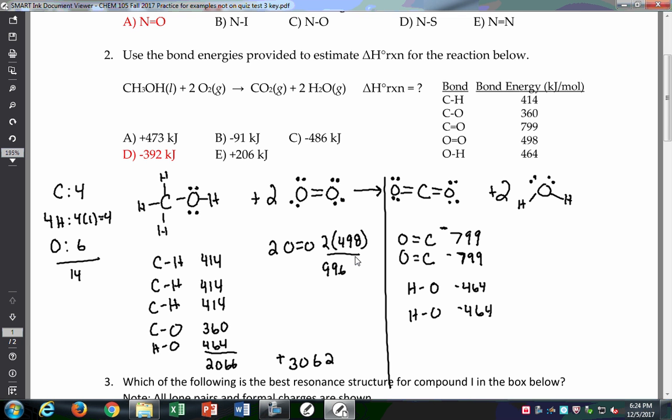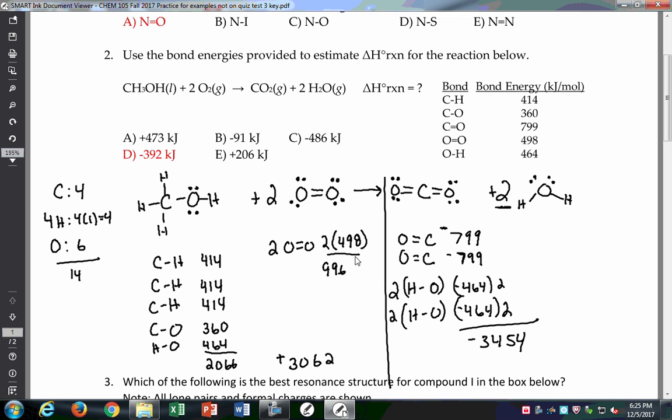Now don't forget, we have 2 moles of water, so we need to multiply each of those by 2, because we do have to take into account the stoichiometry. So when we add that all together, remember, all of those we're forming, they're all negative. It all releases energy.